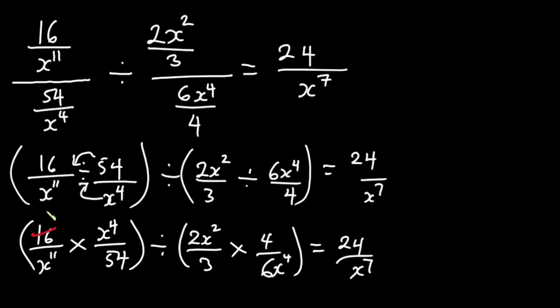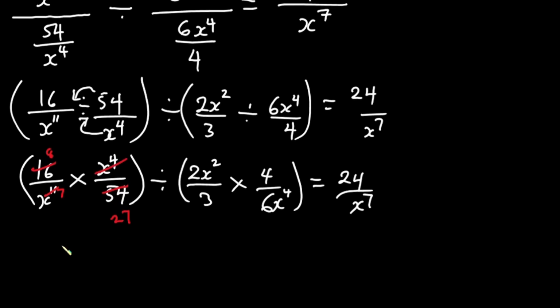2 goes here, and then goes here 27. Then taking this x to the power 4 from this, we have x to the power 7. Alright, so we have 8 on x to the power 7 times 1 on 27 in bracket, all divided by, then here we have 2x to the power 2, then 6x to the power 4.